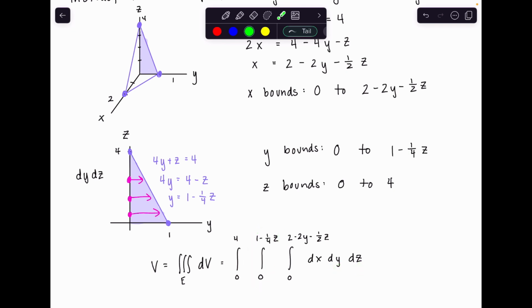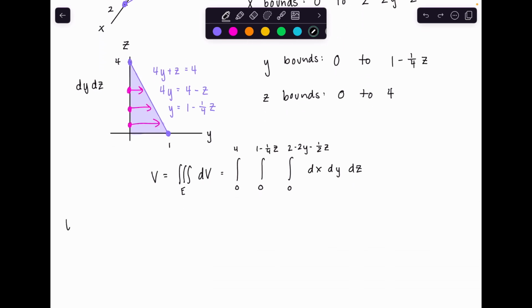So if I saw a y or an x at this point, I know I definitely set it up wrong because we've already taken care of the x variable. And then z again should be constant bounds. So you could go through this integral, go through the algebra, but again, it ends up leading to exactly the same answer. So now let's do the same thing, but let's go ahead and just flip this particular order.